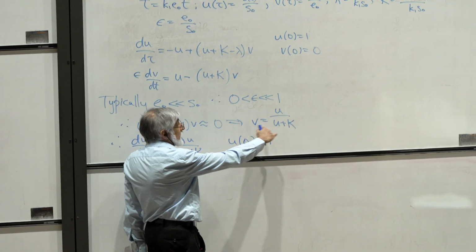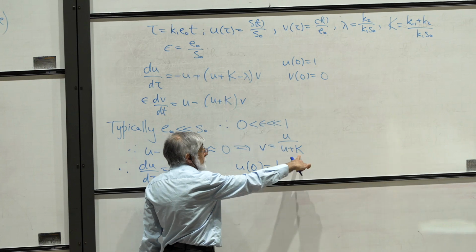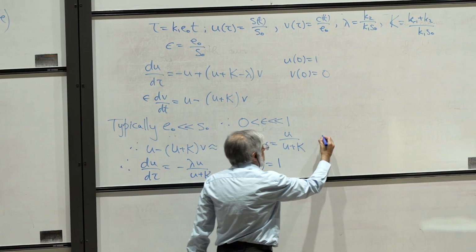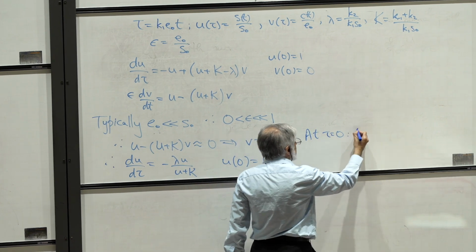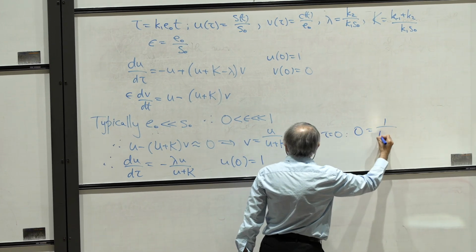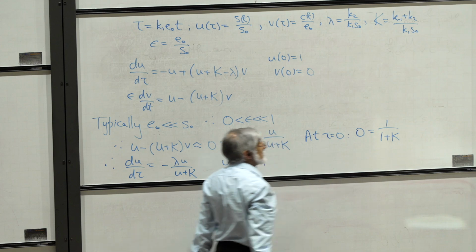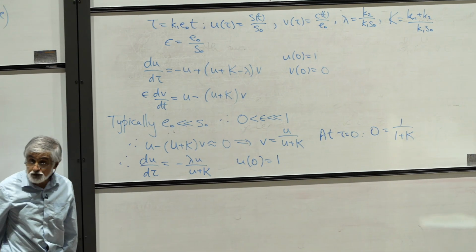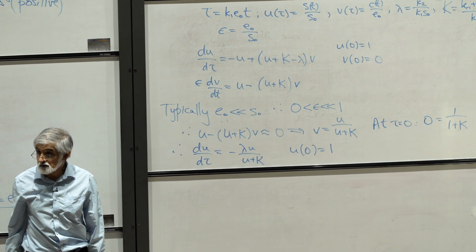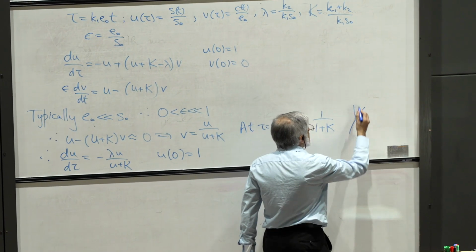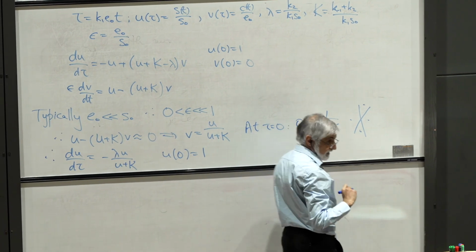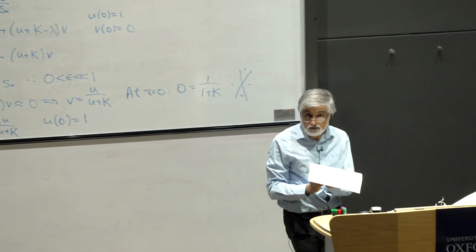V of naught is u of naught over u of naught plus k. V of naught is 0. And that's a contradiction. So we've done something wrong.